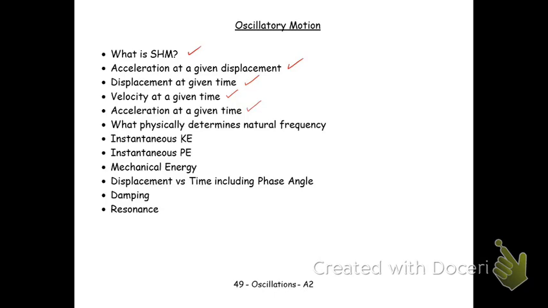And then we're going to start asking ourselves questions like, what physically determines the natural frequency of an oscillator? We know that a pendulum has a certain natural frequency. Well, oscillators tend to have natural frequencies, a frequency that they prefer.